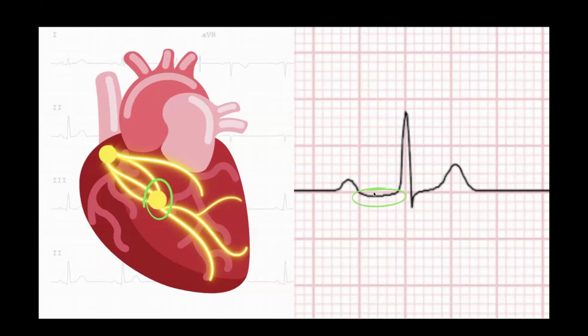So this is our PR segment right here, and that's the AV nodal delay time. The longer that is, the more the AV node holds the signal. We'll talk about the two sides of the AV node in a second. But if you see somebody who has this part right here that gets longer and longer and longer and then drops, that's an AV nodal problem, also called a second degree type 1 block.